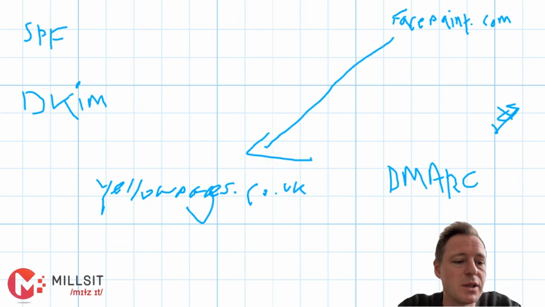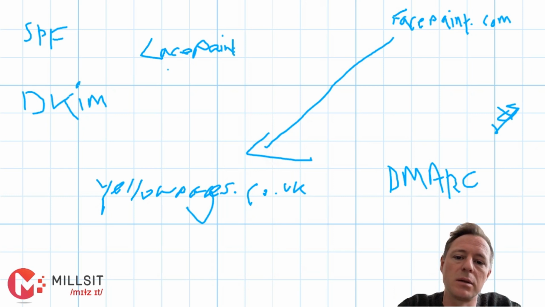However, say, for example, one of your competitors in the market, let's call them, let's draw this out, we're going to call them Lace Paint, lacepaint.com.